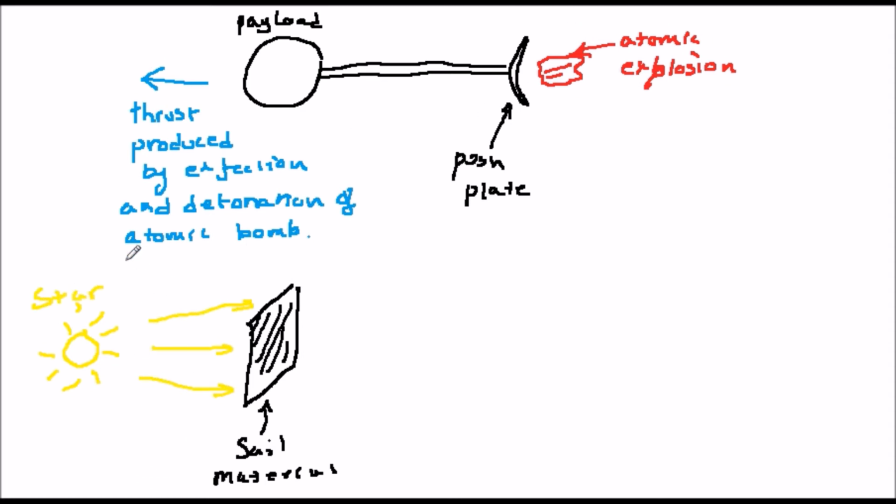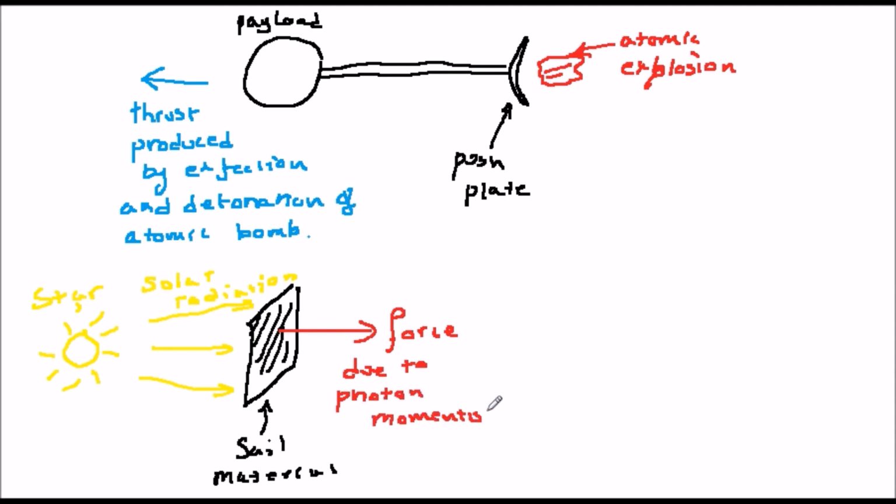The momentum of each photon is equal to the energy of a photon divided by the speed of light, and since the energy is hf, where h is Planck's constant and f is frequency, the momentum is equal to hf over c. The force generated by this momentum is the rate of change of momentum with time, dp by dt, and so it depends on the flux of the incoming photons.